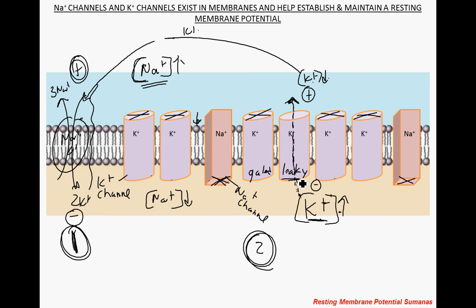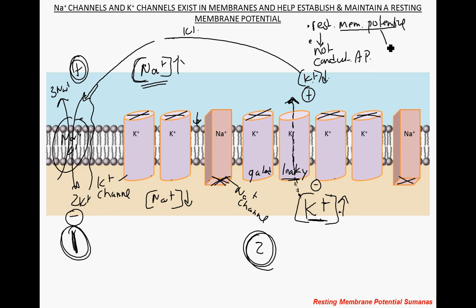And so what we're saying is that when a neuron is not conducting an action potential, it is polarized. So this resting membrane potential, resting because it's not conducting an action potential, right?